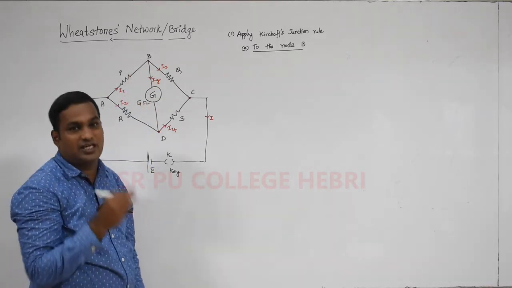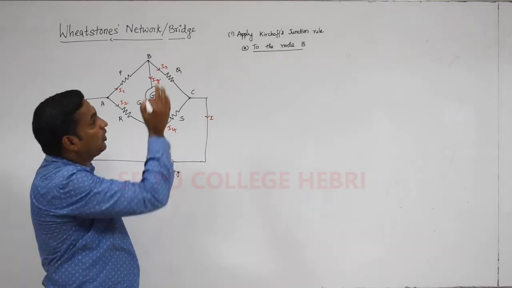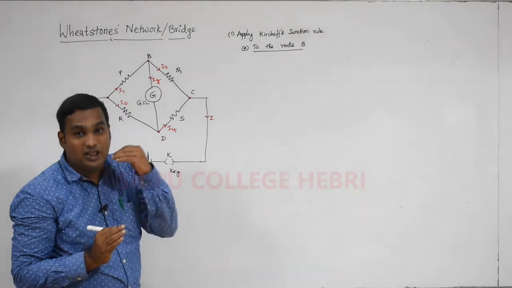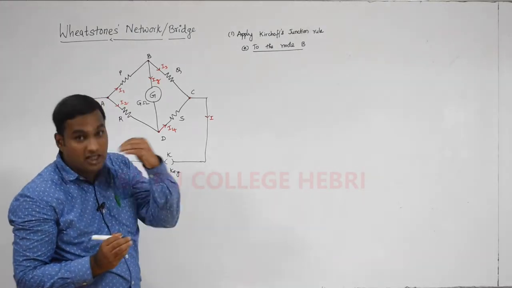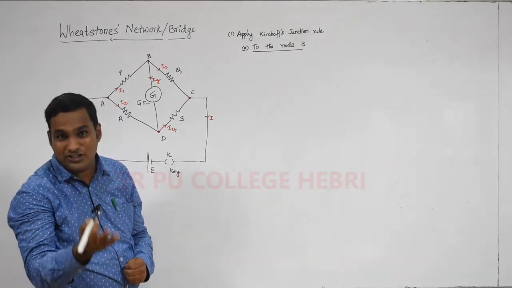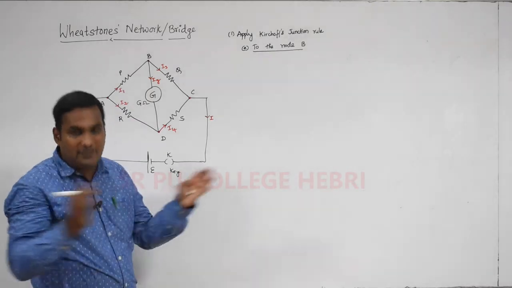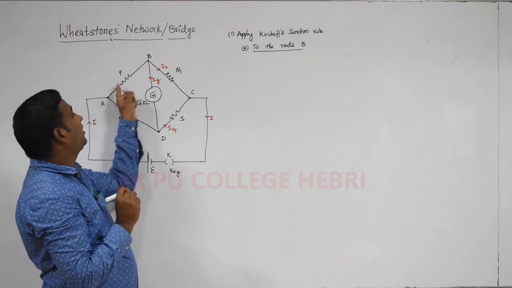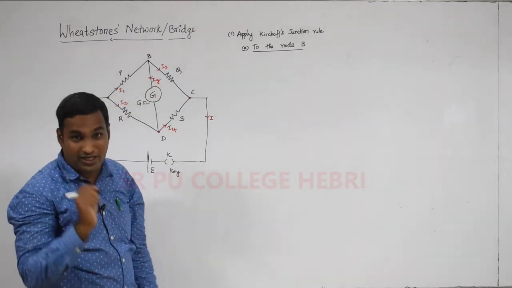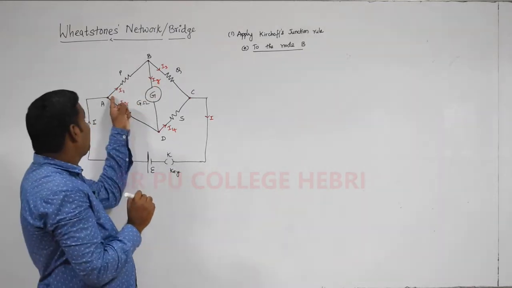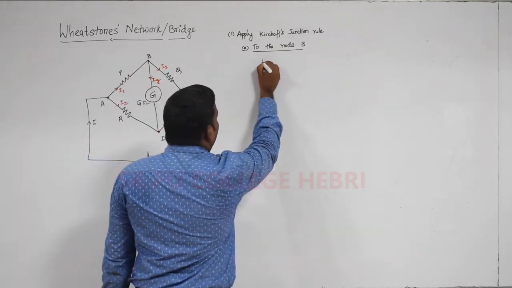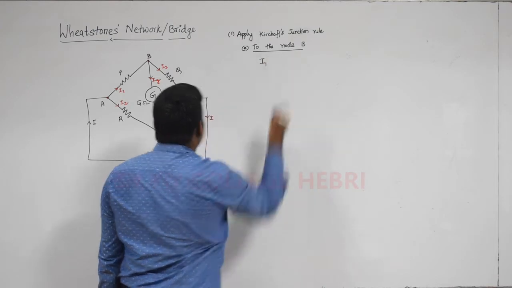Dear student, in case of Kirchhoff's current law or junction rule, I clearly said the current entering the junction, you have to take it as positive. Current leaving the junction, you have to take it as negative. At node B, I1 is entering the junction, so you take it as positive, that means plus I1.